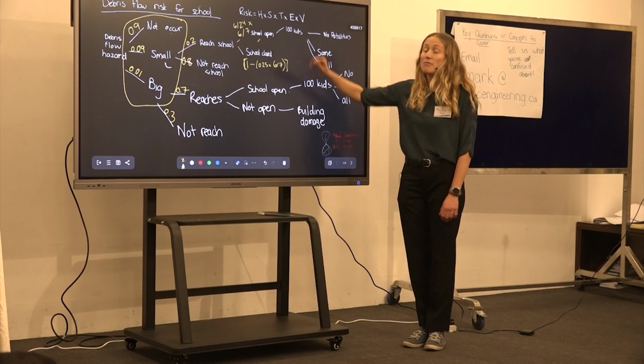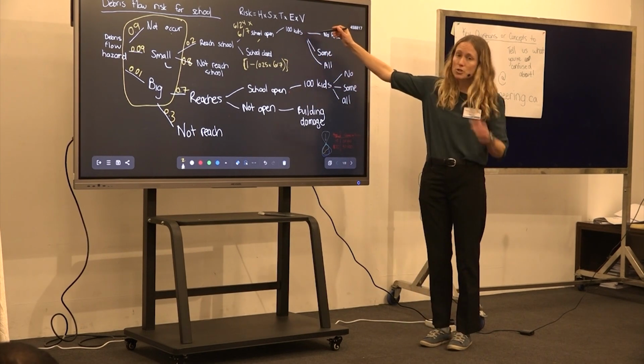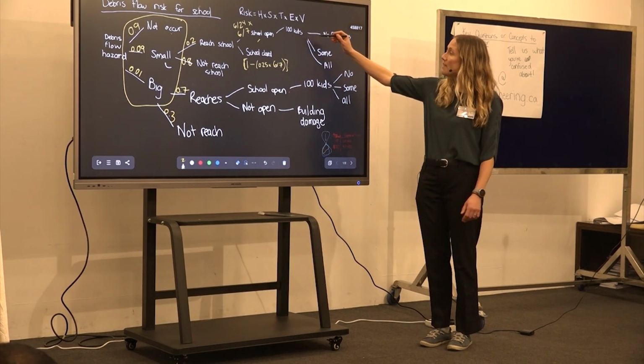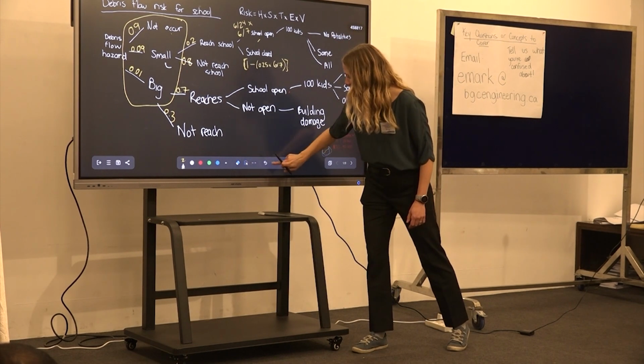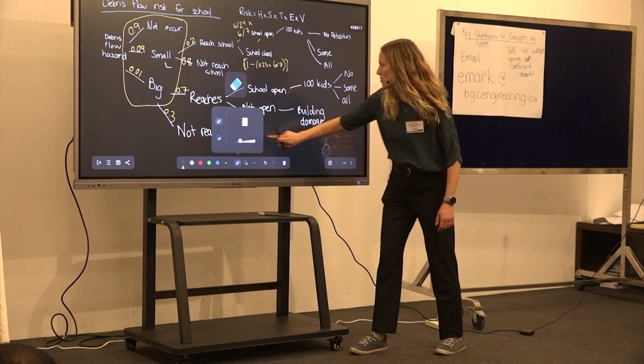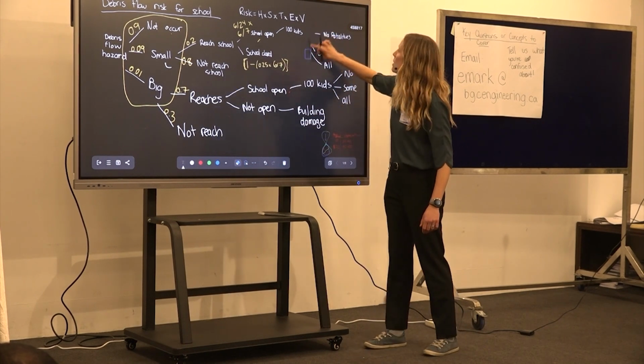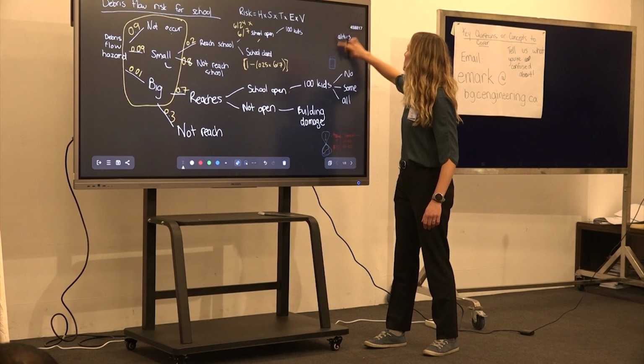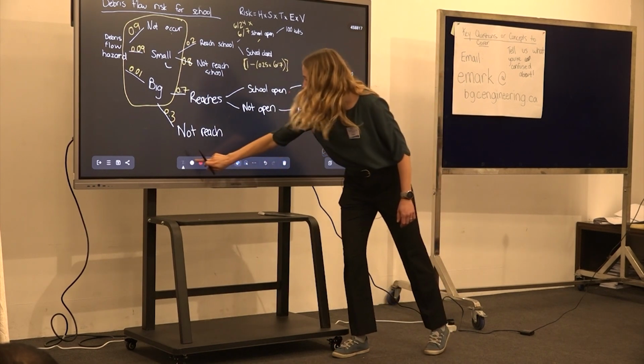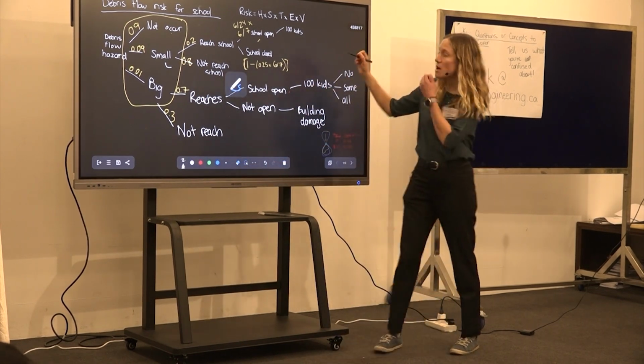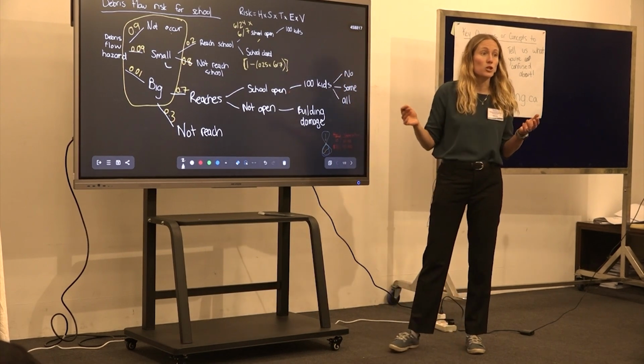And then, if the school is open, we know there are 100 children there. And then we would have a function that, I'm actually going to erase this stuff. So I've been calling them fragility curves.